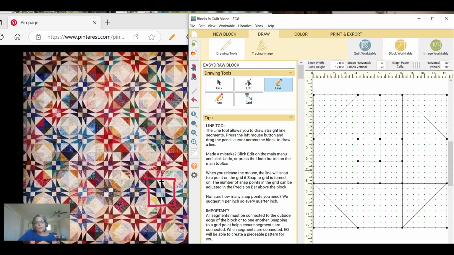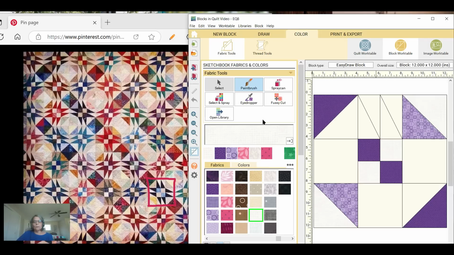And we see that we are cutting this rectangle in half on the diagonal, and we're going from the left to the right, the upper left to the lower right. So we'll come over here and we're at the upper left of this rectangle, and we're going to go down to the lower right. And the one next to it is the exact same thing. So we'll do that. And let's go color this now.